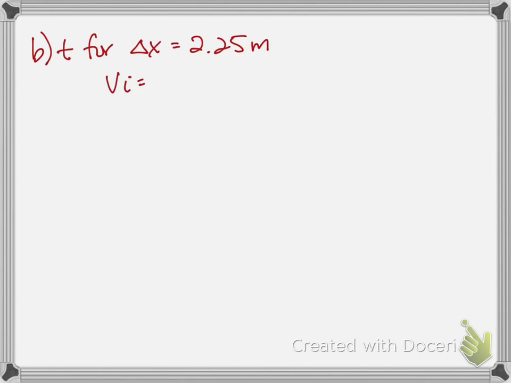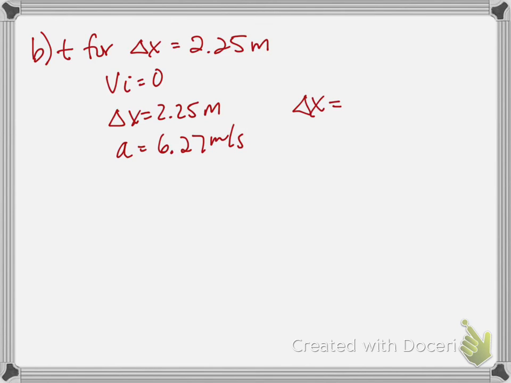The initial velocity is 0, the delta x is 2.25 meters, and we just solved for the acceleration, which was 6.27 meters per second squared. I'm not going to take your time to do the whole thing, I just used this formula. And it doesn't matter which block because the mass doesn't appear. So you get a time here of 0.85 seconds.